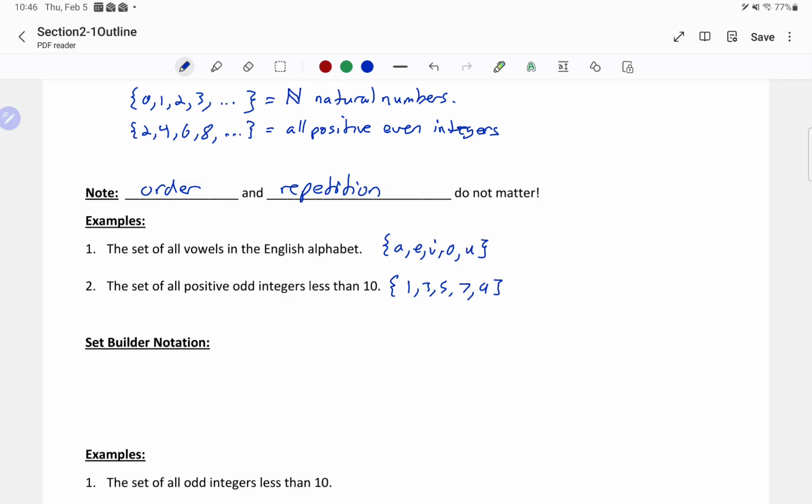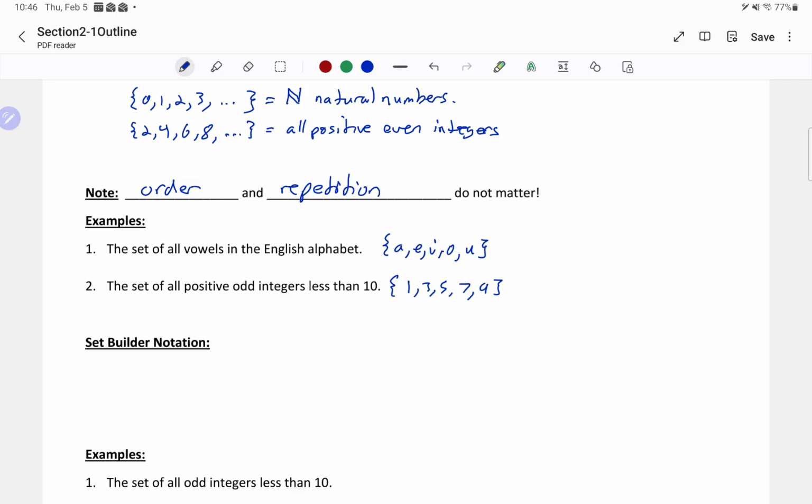But I've defined it here with a description. And often, it's very handy to have a way to write down a set using some sort of description or some sort of constraints on the elements in that set. And we call that set builder notation.